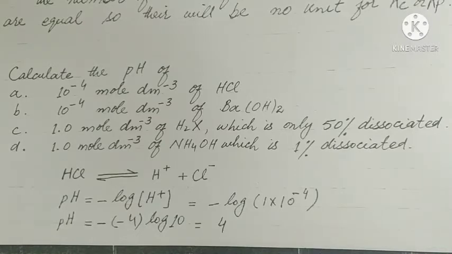So negative log 1 into 10 to power minus 4, minus into minus 4 into log 10. Log 10 is equal to 1. Minus 1 with minus 4 is equal to 4. So pH of 10 to power minus 4 moles per decimeter cube of HCl is 4.